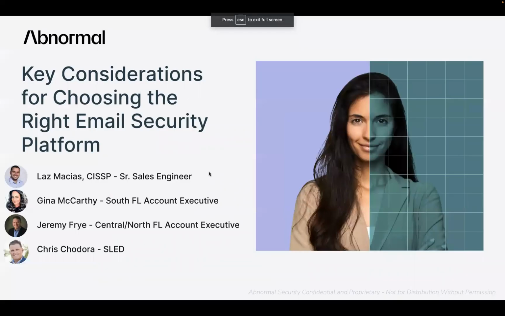All right, phenomenal. Hi everyone, welcome. This is a great partnership with Jeff and team. We wanted to take just a few minutes today over lunch to really discuss the email trends that we're seeing, some of the more advanced email attacks that we have been identifying with any customer that we typically do business with. What makes Abnormal very special or unique in the market?